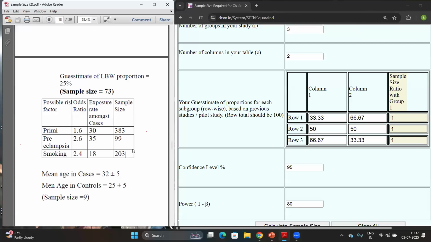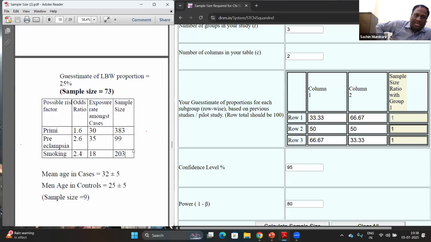You must have how many minimum low birth weight babies? 383. Now, to have 383 minimum low birth weight babies in your study, how many total mothers must be included? Use your common sense.